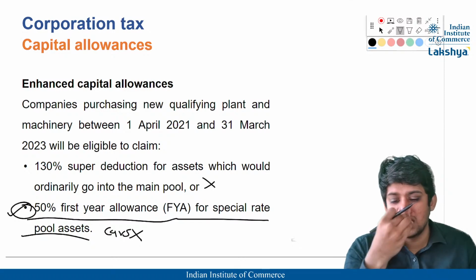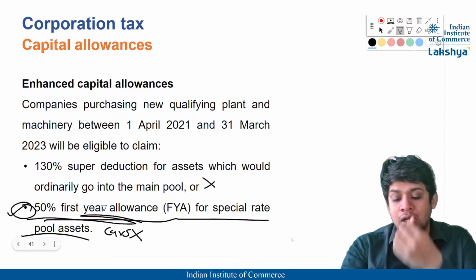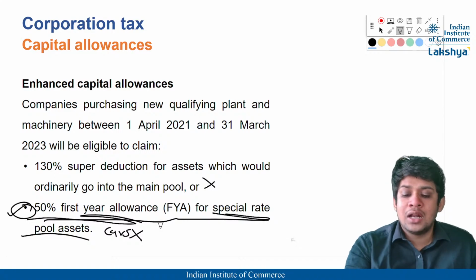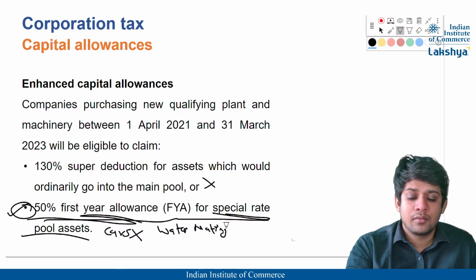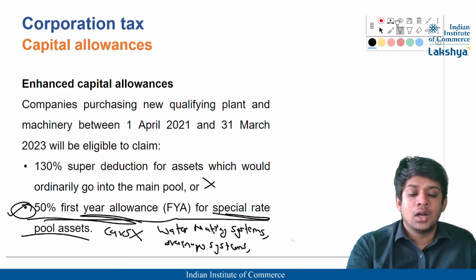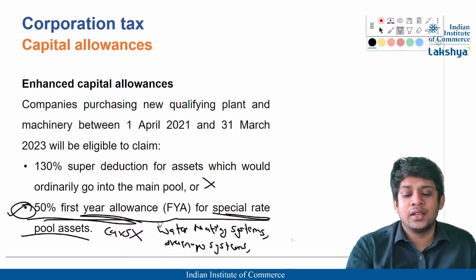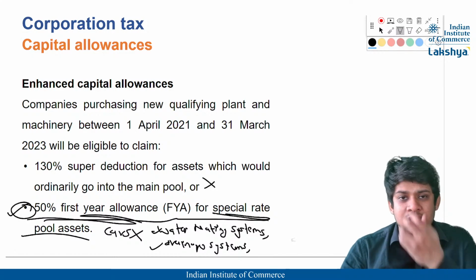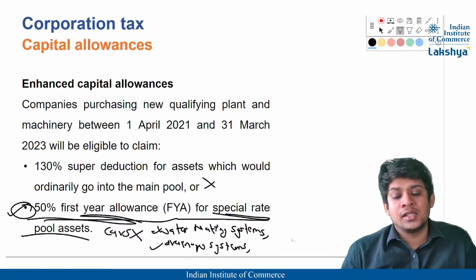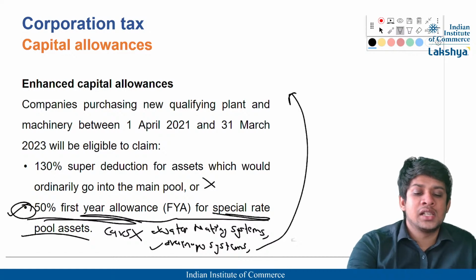There is a 50% FYA on certain assets which go to your special rate pool, like your water heating systems, drainage systems, and other things like elevators and escalators within the building. They usually have a useful life of 30-40 years.